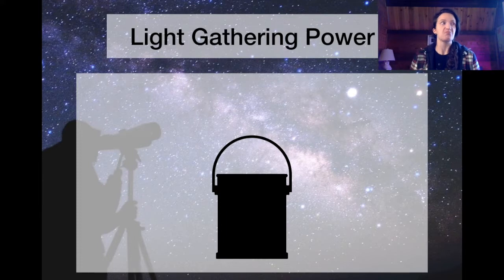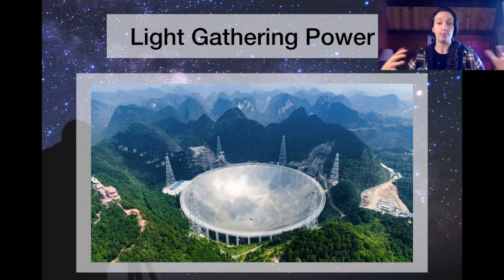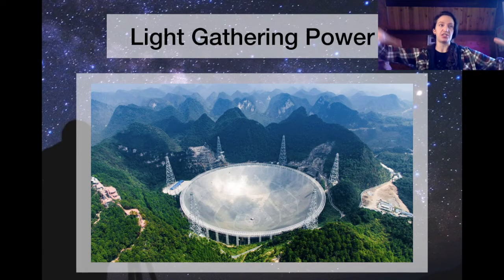So that might lead you to believe that if you have a bigger bucket, you might collect more light, and you'd be absolutely correct. So the light gathering power corresponds to how large your primary mirror or aperture is. This is basically how big the bucket is.